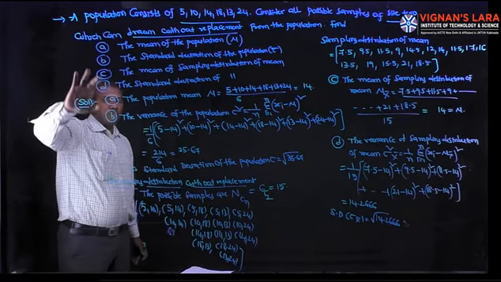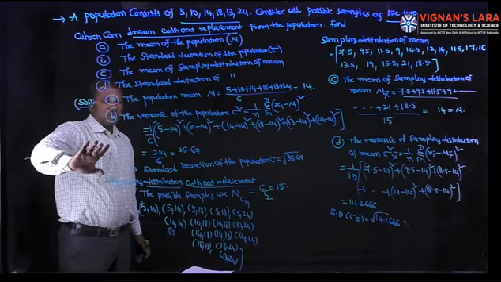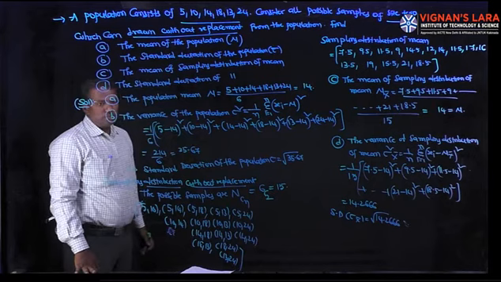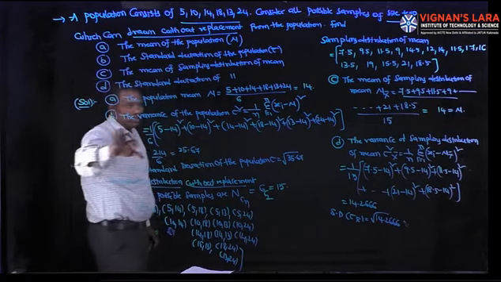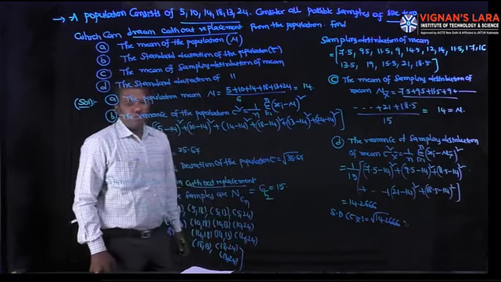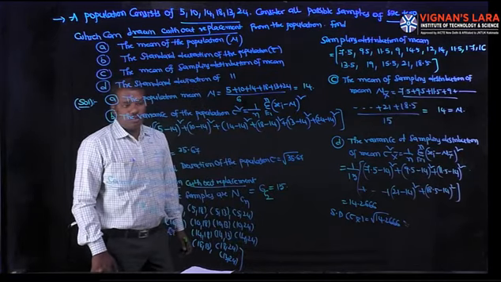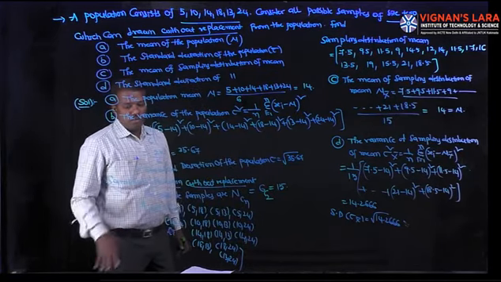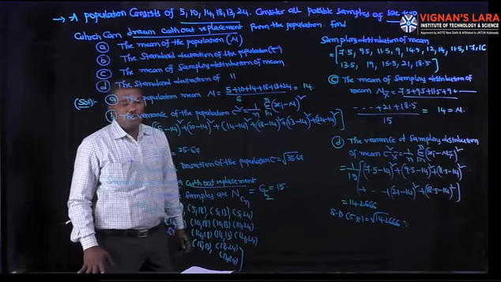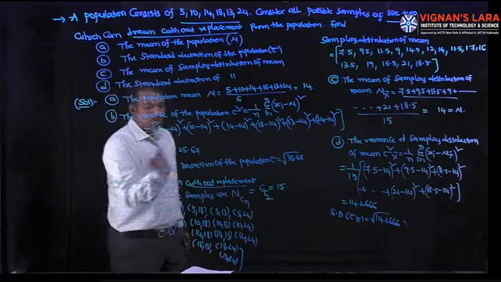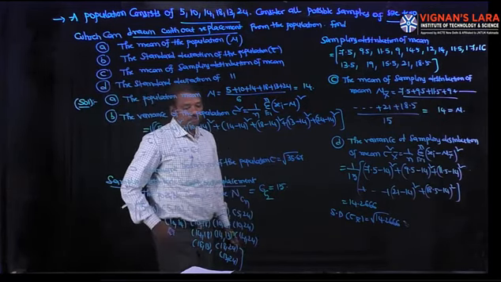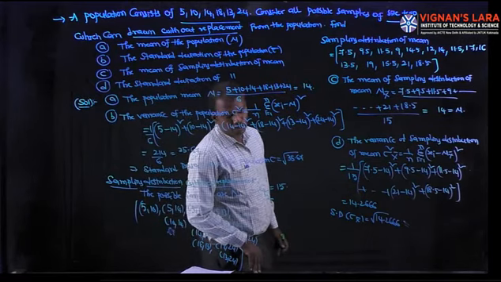Among the four, the first two are direct. The population mean is the summation of all the elements by its number. Similarly, the variance is a direct formula: the sum of squares of each element from its mean by its number. Then the third and fourth are based on the sampling distribution. Here it is sampling without replacement, so the number of possible samples is NCn, that is 6C2, equal to 15.